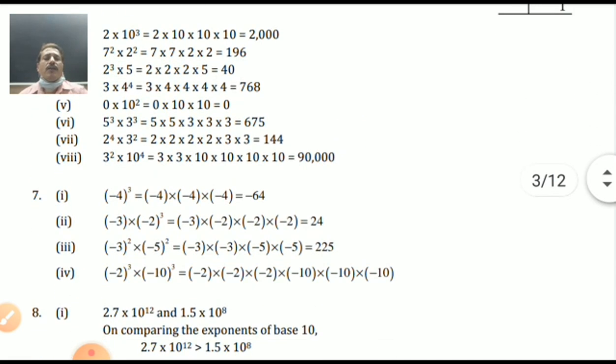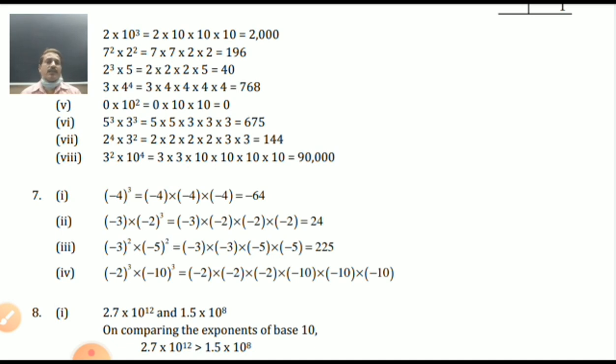Once again, a very interesting question, the 7th one. Minus numbers. What about the minus numbers, students? I already said when the exponents are even numbers, the answer is a positive number, even if the base is a negative number. See the first question. Minus 4 raised to 3. 3 is the exponent, it's an odd number. Our answer should be minus.